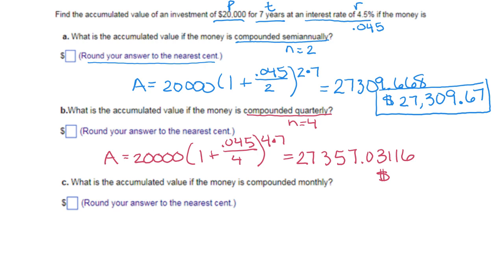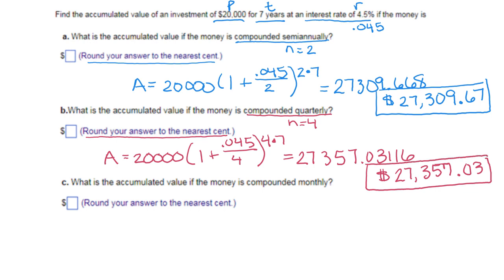Then round it to the nearest cent. That's what we're doing, rounding to the nearest cent. $27,357.03. And this is how much your future value of your investment is, compounding 4 times a year.